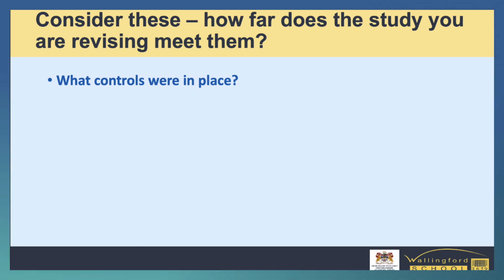What controls are in place? For example, Sharif was able to control a lot of participant variables by matching up the boys he used in terms of their backgrounds, in terms of their ages, obviously in terms of their gender. But he couldn't control all the aspects of the situation he was in because he was using a real life scenario.